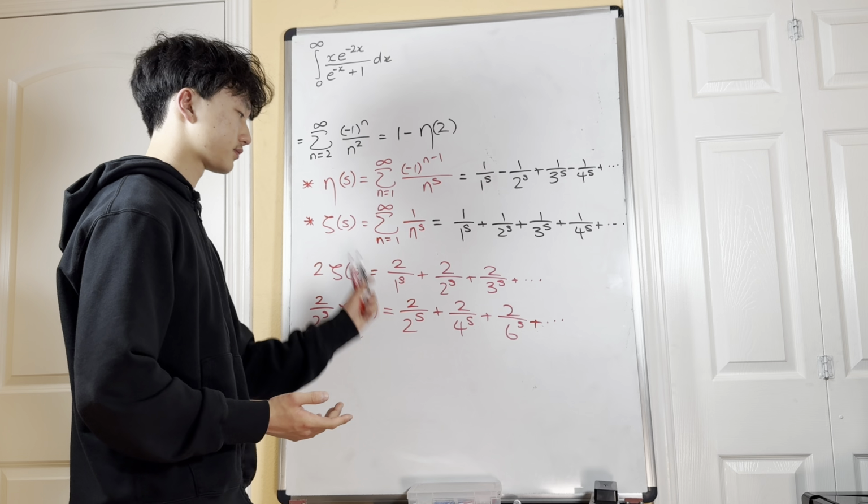From here, I'd rather see an n squared than an n plus 2 squared. It's just more standardized. So I'm going to change the index from n starting at 0 to n starting at 2. So when n starts at 2, the denominator is going to just be n squared.